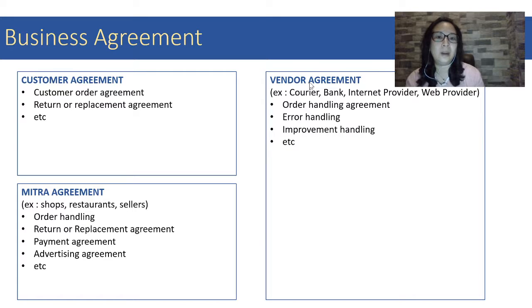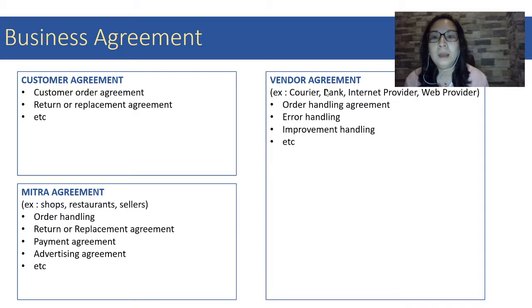They are not considered mitra because Shopee will charge something to the seller, but Shopee will not charge anything to the courier and bank. In fact, Shopee usually needs to pay the courier as per the service provided.